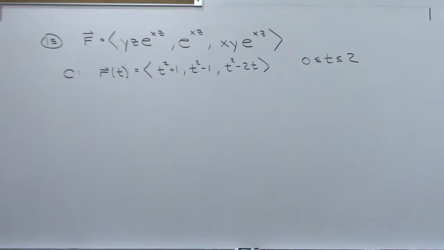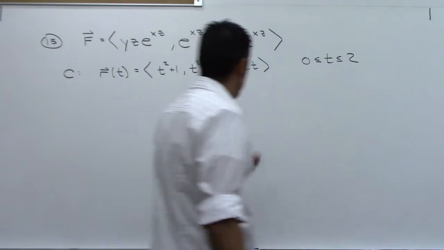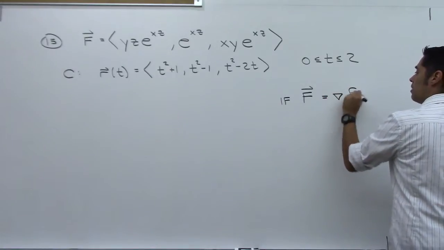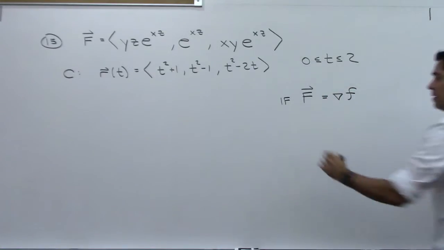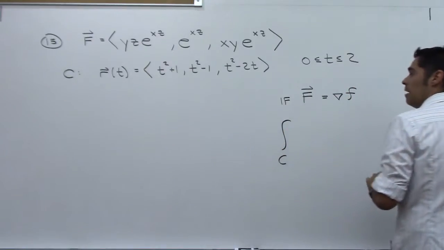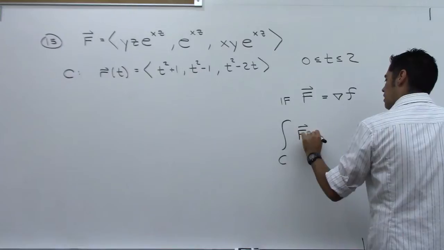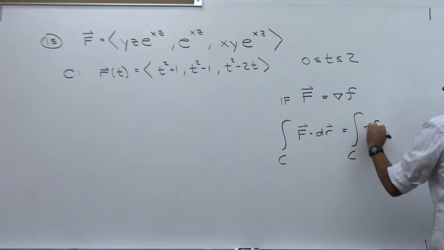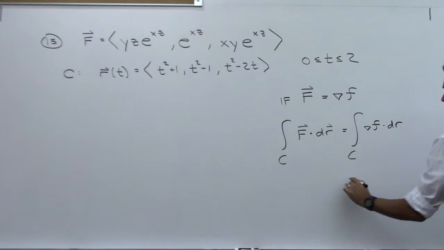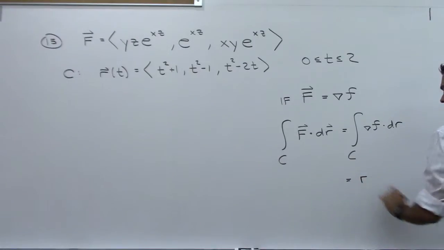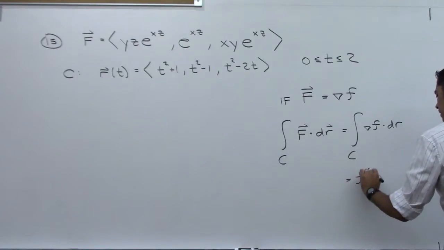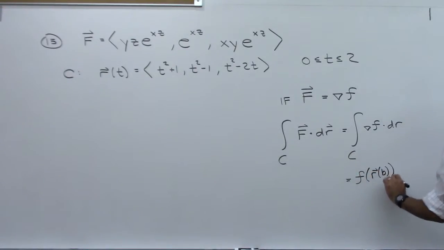Or you can use the fundamental theorem of line integrals, which says that if the vector field is conservative, in other words, if it equals the gradient of some scalar function, then the line integral over C of F dot dr should be equal to the line integral over C of the gradient of f dot dr, but that should be equal to f, the scalar function f, evaluated at the two endpoints of the curve.